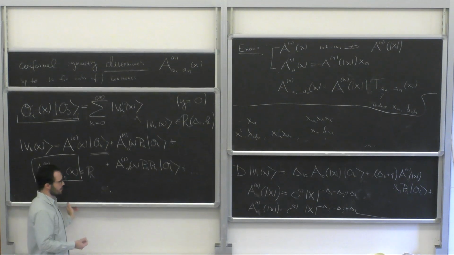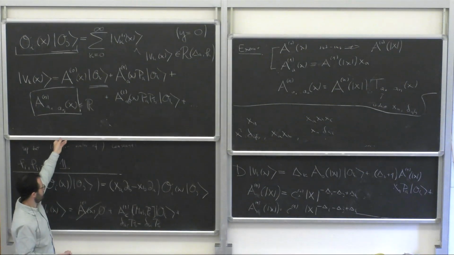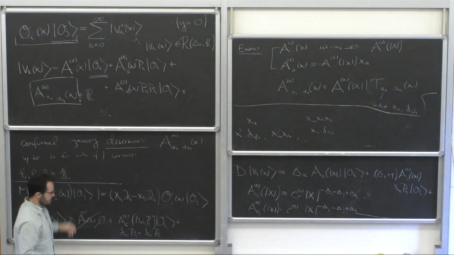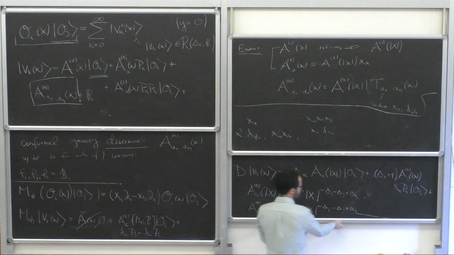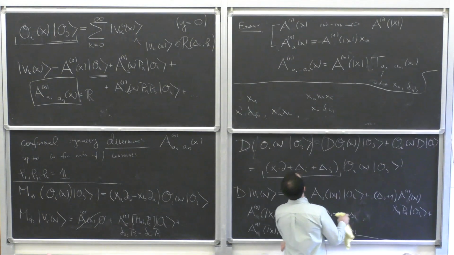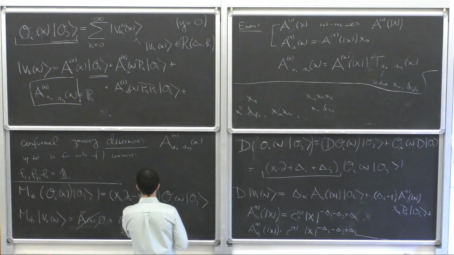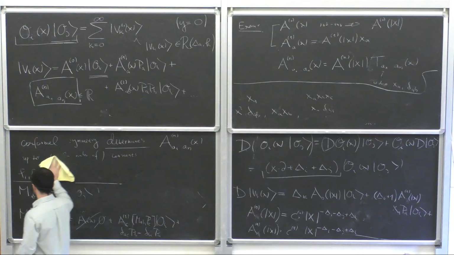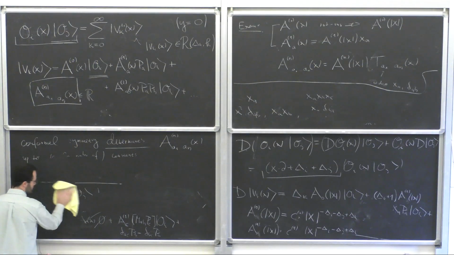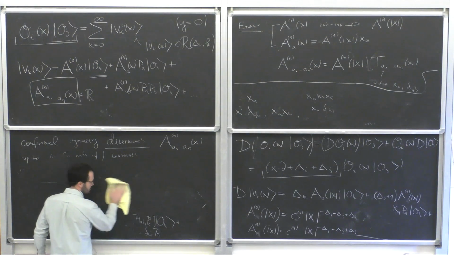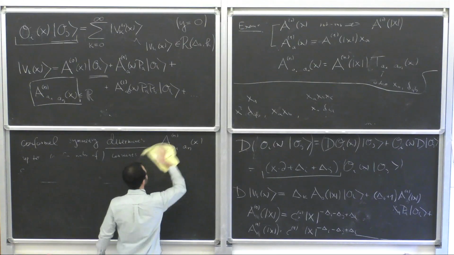But we haven't used special conformal. So let's use special conformal. Special conformal is going to relate all of these constants, because that's the generator which moves us between the different levels.